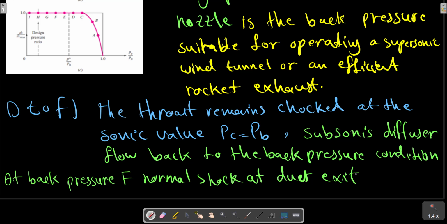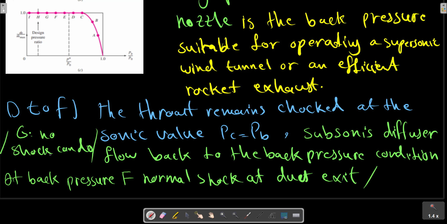At back pressure G, no single normal shock can do the job.